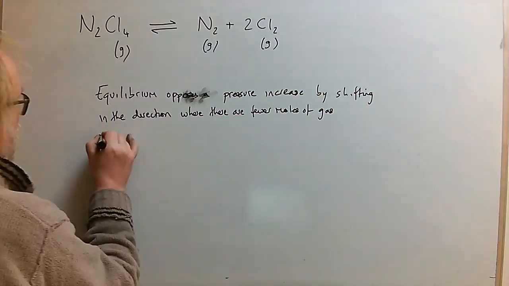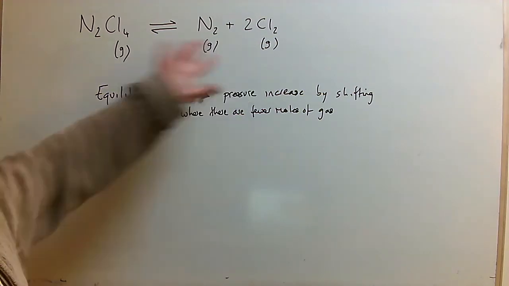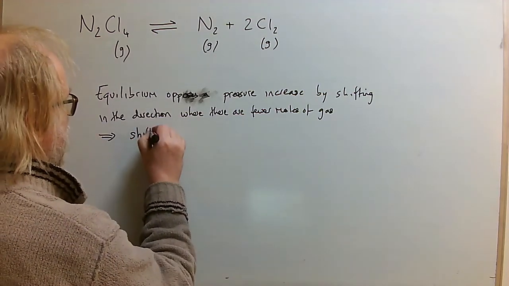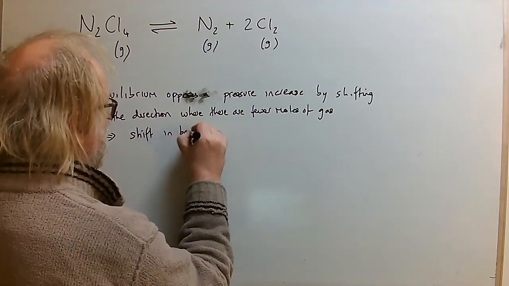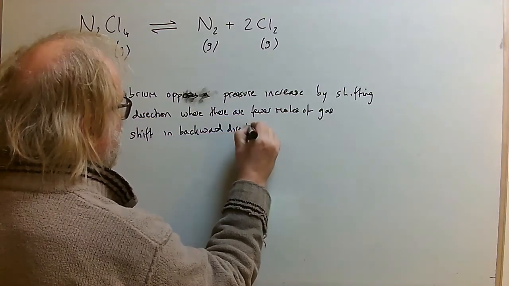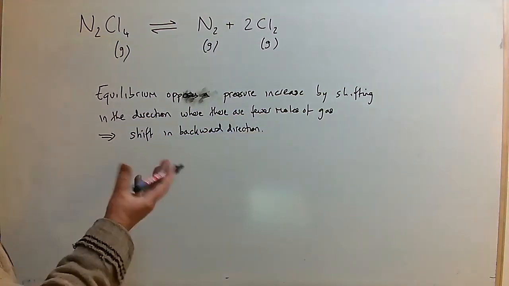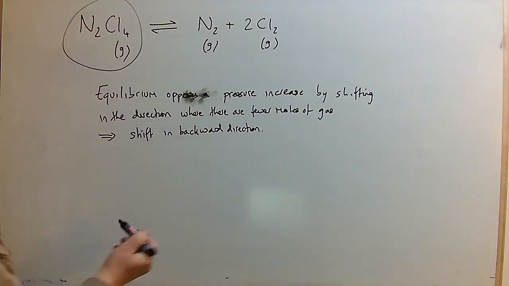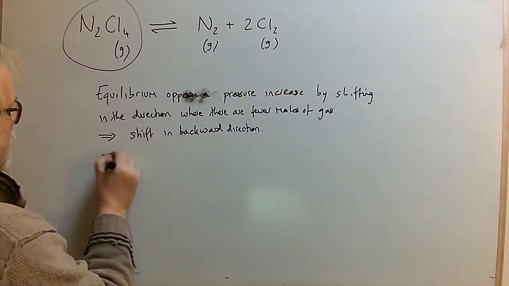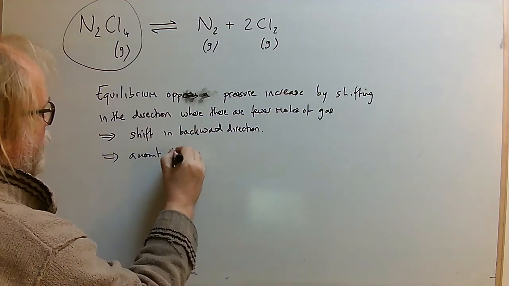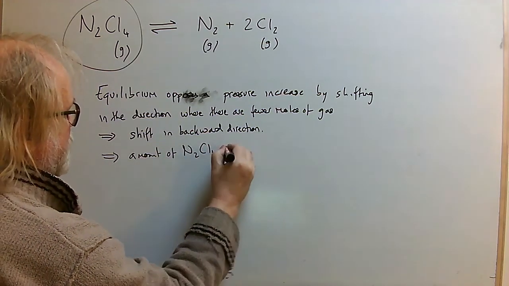And so, because there are 3 on the right and 1 on the left, that means it will shift to the left, and you can say that will shift in the backward direction. But the question actually asks what happens to the amount of N2Cl4, and obviously if it's shifted backwards, you get more of it, so the amount of N2Cl4 increases.